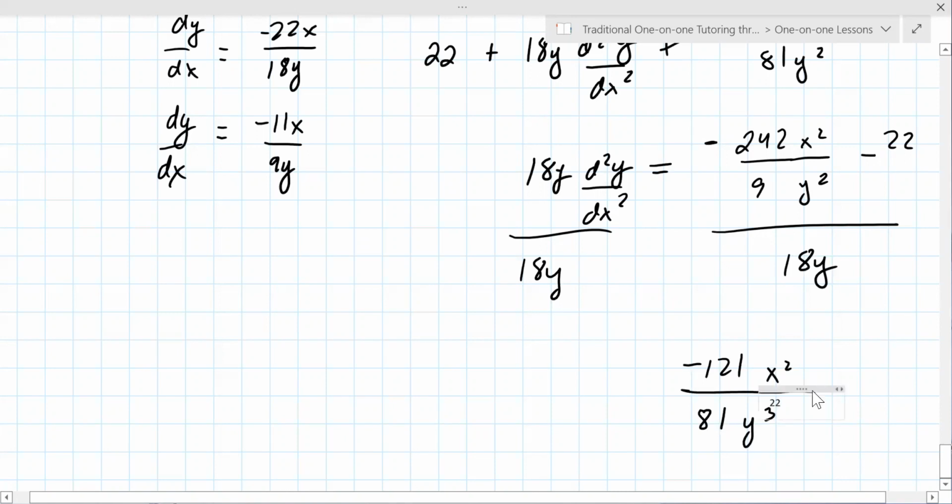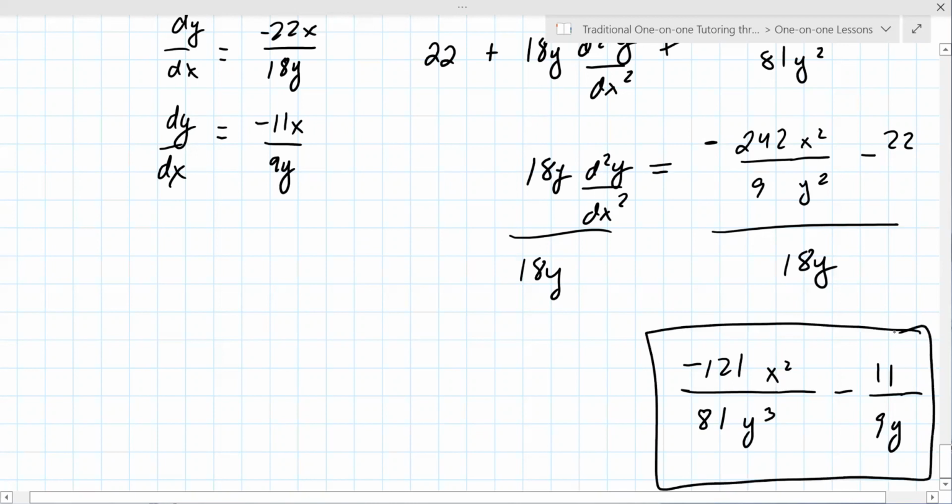And then minus 11 over 9y, like that. So this should be correct. I'm going to check it as well, because it's reasonable that I would have made a mistake amid all those.